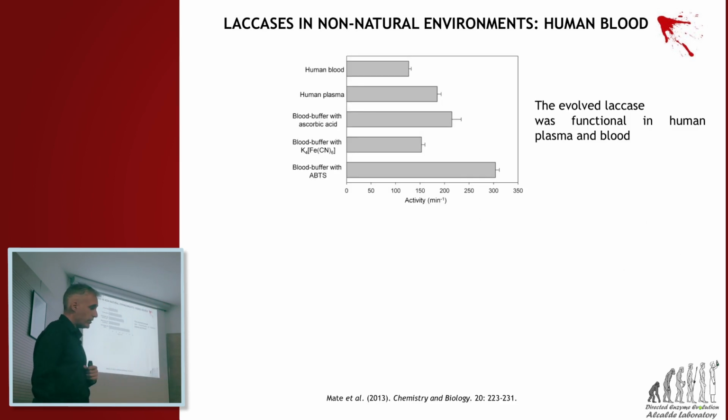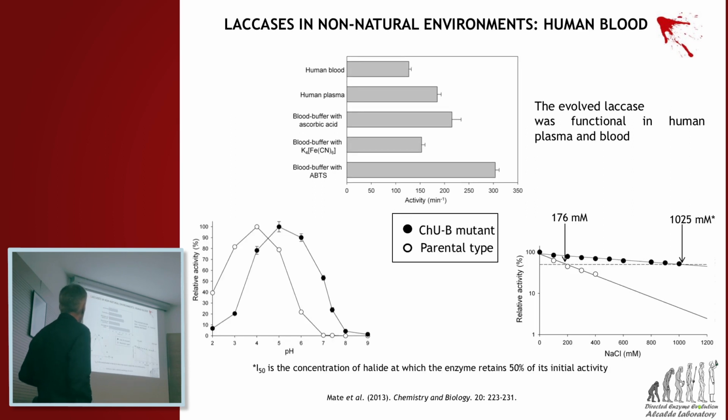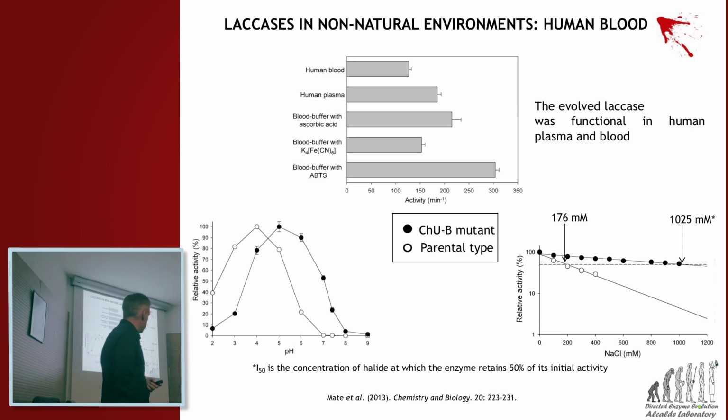And indeed, as I've already said, Sergei made these experiments with real plasma and blood, and the LACCASE showed activity in both physiological fluids. When we made a breakdown of the biochemical properties of the enzyme, we realized that the pH activity profile of our mutant not only shifted towards the alkaline side of the pH scale, as you can see here, but more significantly, the tolerance to high concentrations of halides was strongly improved.